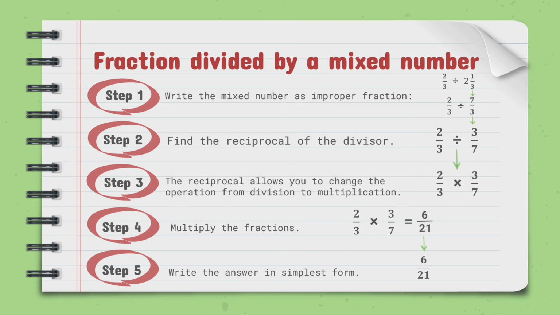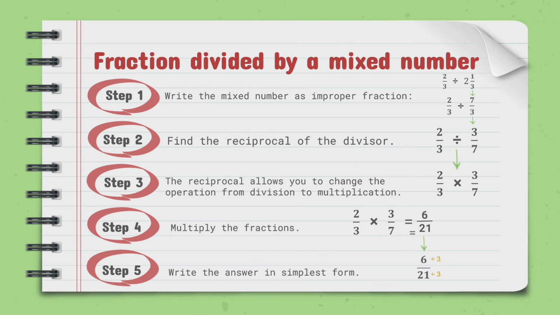So this time we have to think of a number that is divisible by both 6 and 21, the greatest possible number divisible by both 6 and 21. What do you think is that number? Okay, that's 3. So we have to divide both by 3.